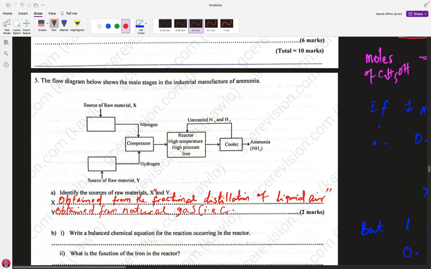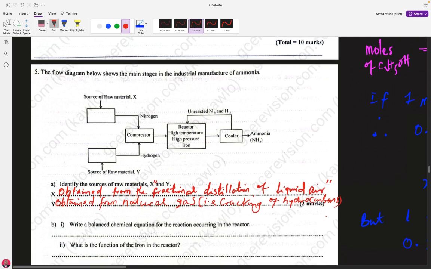Cracking of hydrocarbons. Okay. Hydrogen is obtained from natural gas, that is from hydrocarbons by the process of cracking.